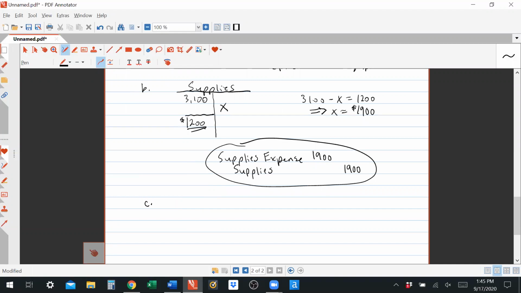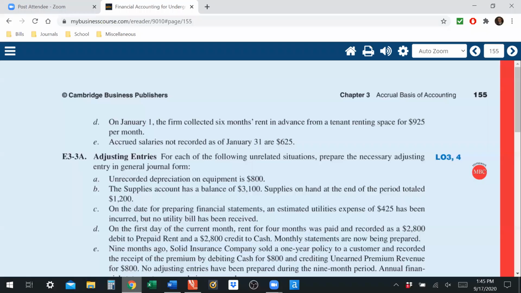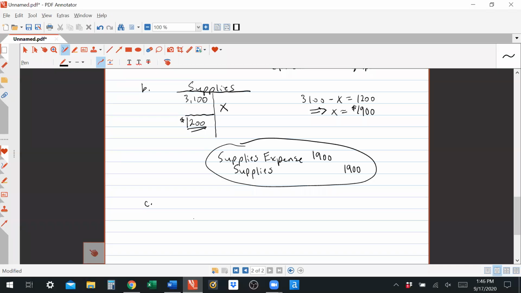C. On the date for preparing financial statements, the company estimates they're going to have to pay utilities of $425. That's the estimated dollar value of utilities they feel they've used that period. But they haven't received a bill yet. Well, it's still a liability to them. So it's still utilities payable.